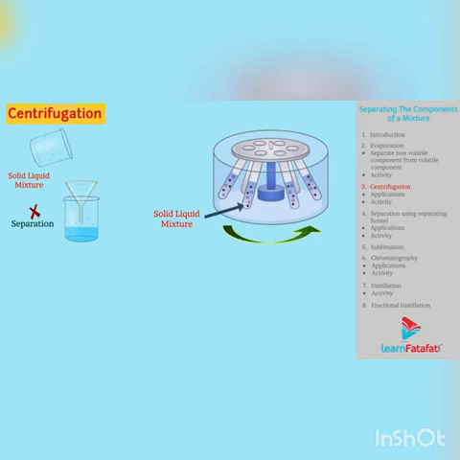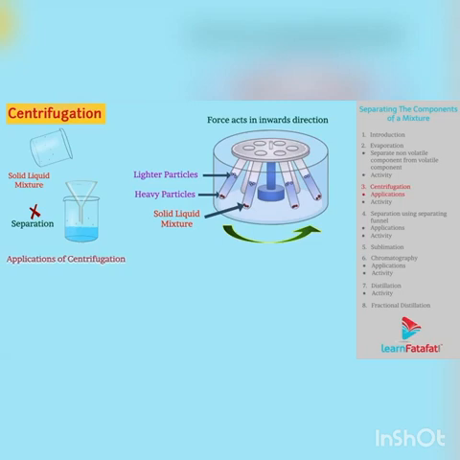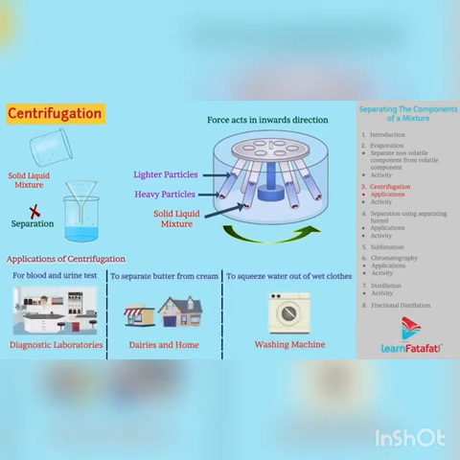During the spin, force acts in inward direction, due to which heavy particles settle at the bottom while lighter particles remain at the top. Applications of centrifugation. Let us now have a look at an activity.